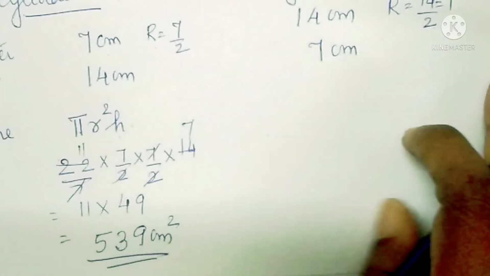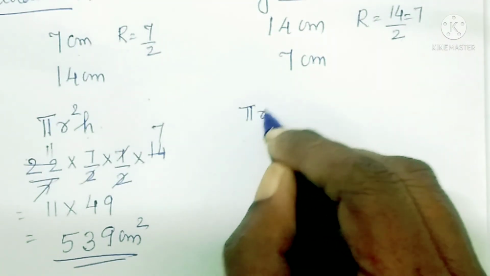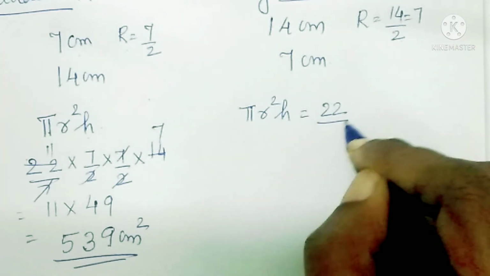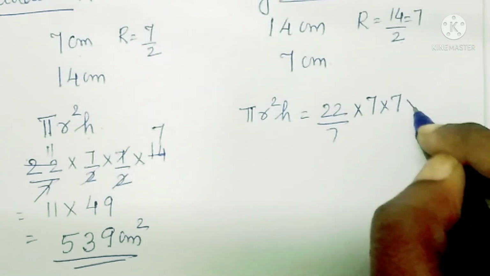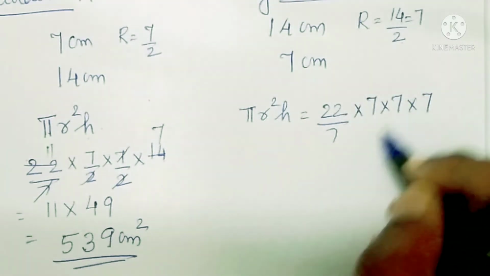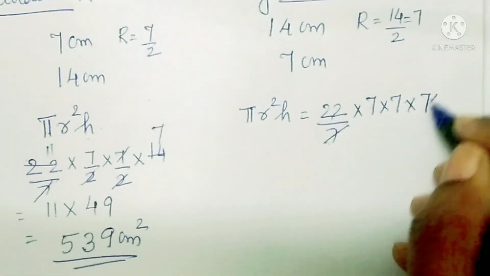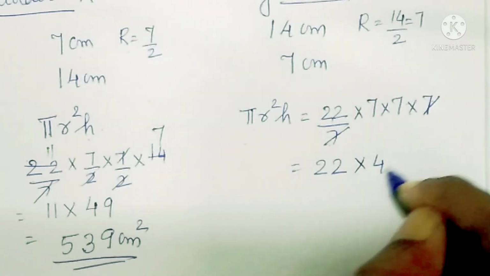Now here, pi r square h is equal to 22 upon 7 into r, which is 7, into 7 into 7. H is also 7. So one 7 gets cancelled, and you get 22 into 49.